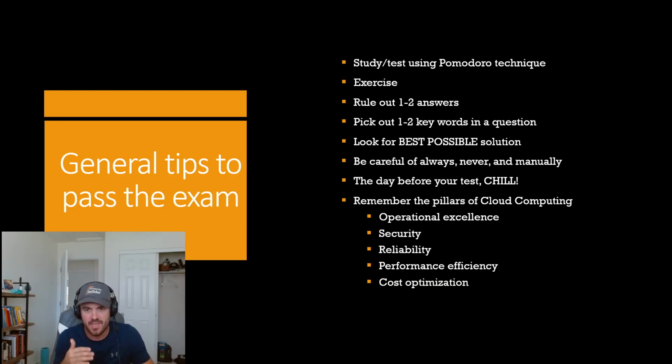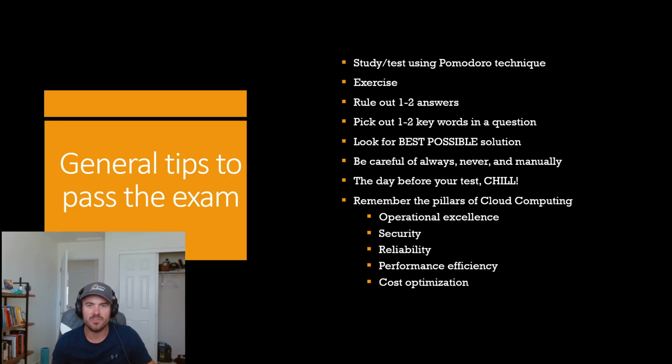All right. Then you want to pick out 1 to 2 keywords in a question, right? So a lot of times, as the next point alludes to, there's going to be maybe more than one right answer, but you want to find the best possible solution, and those keywords will help you do that.